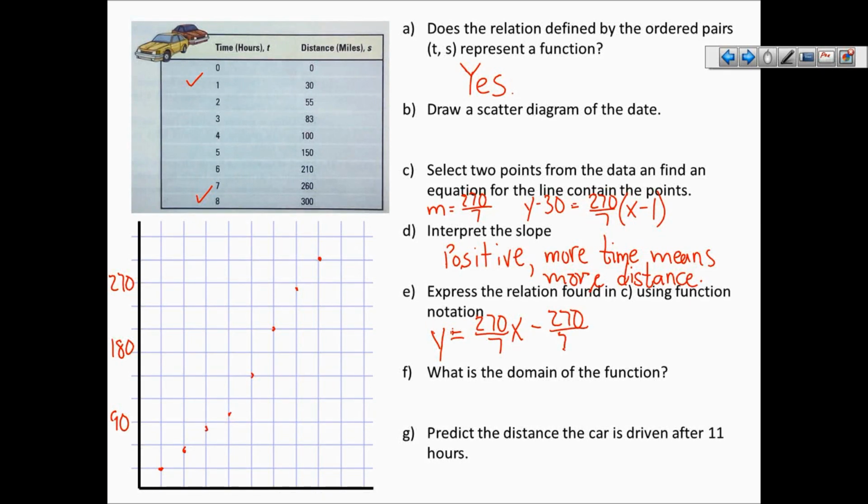Now, I add that 30 over, but I want to be able to combine it with this other fraction. 30 written as the appropriate fraction.